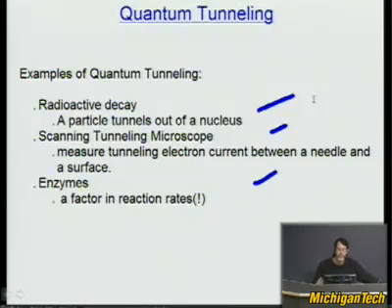One thing I didn't know before researching this lecture, and strangely enough I do research these lectures, is that enzymes apparently get a factor in their reaction rates from tunneling. Don't ask me more right now, but I sure want to read more about that.